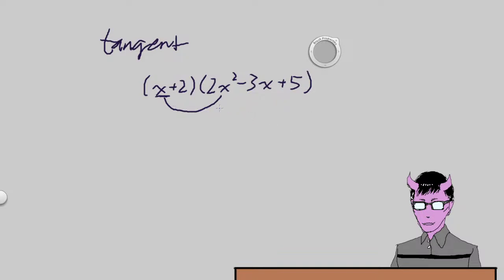Just for visual clarity, let's do blue. So this one times this one gets 2x cubed. That one to that one, it's negative 3x squared, and then lastly, my suggestion is to cross things out. So you cross that one because you are done multiplying that one.